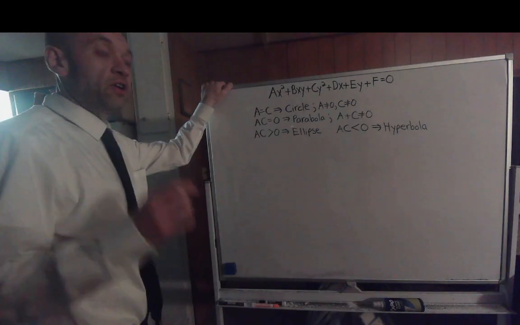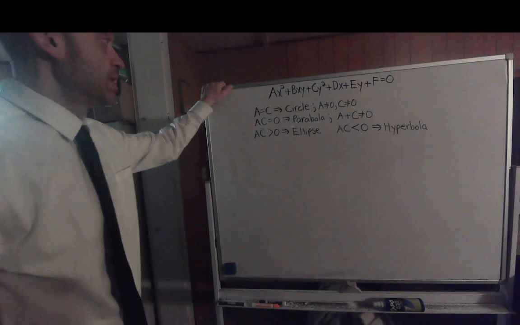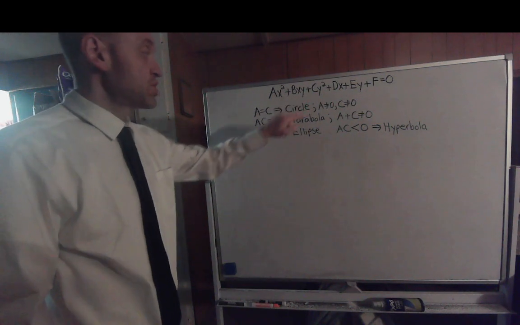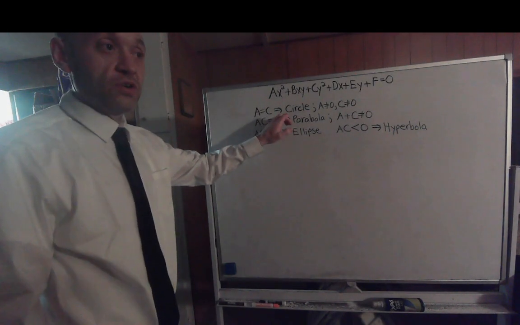There is a very quick way to tell what type of conic section you're dealing with. If the coefficients on your x squared and y squared terms are equal, so a equals c, then you have a circle.